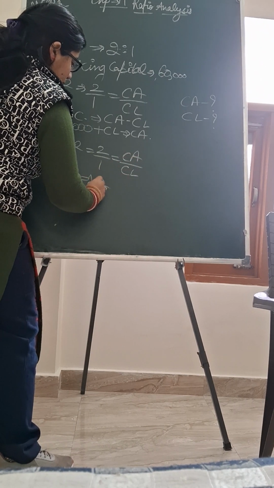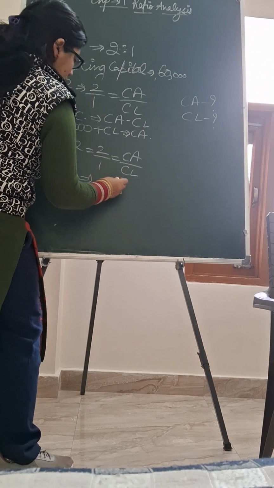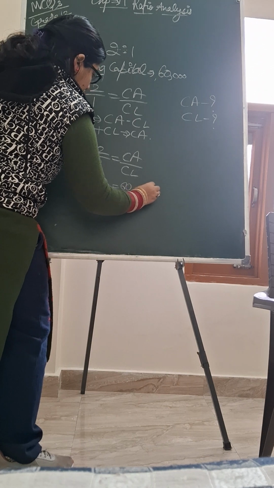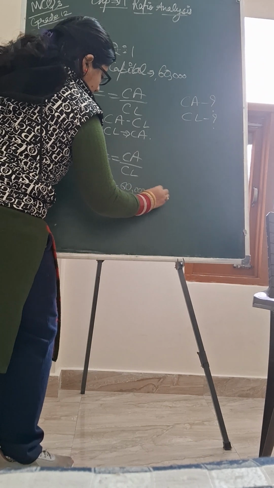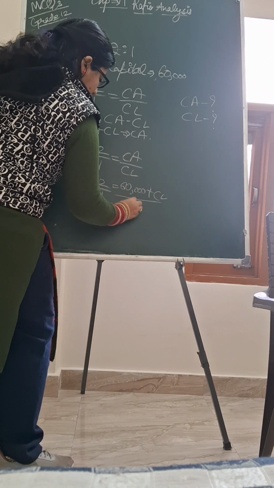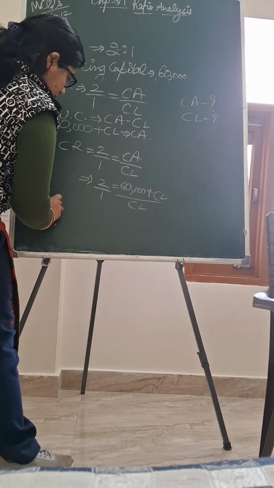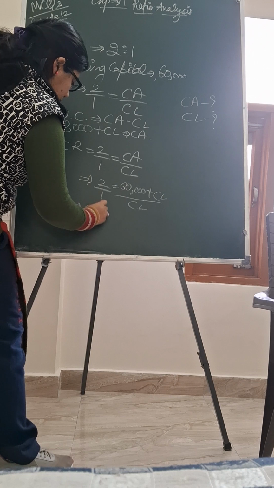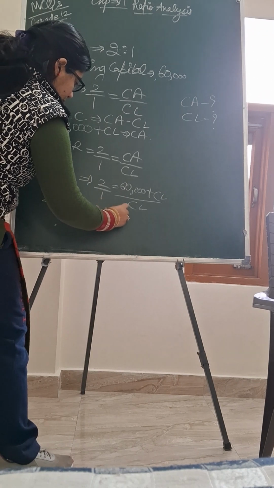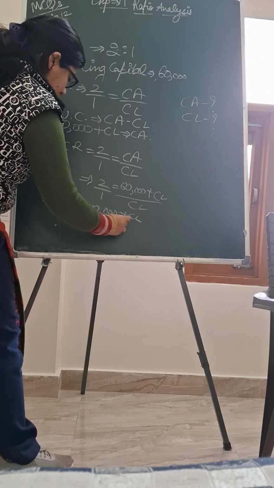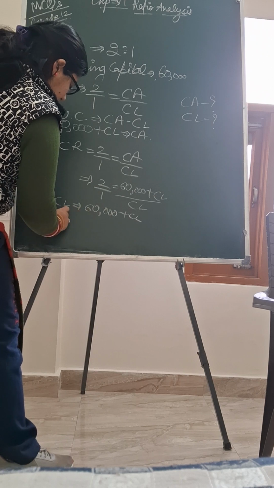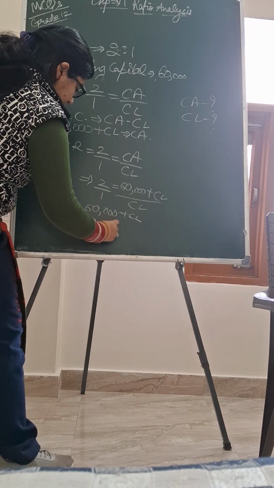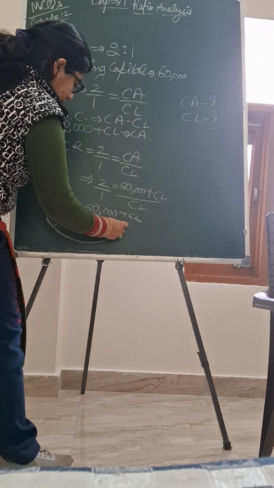So 2/1, what is the value of CA? 60,000 plus current liabilities over CL. So this is 2CL is equals to 60,000 plus CL. So CL is equals to 60,000. This is the one answer we are getting.